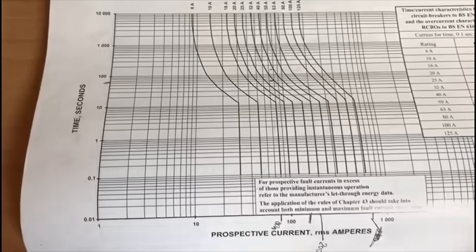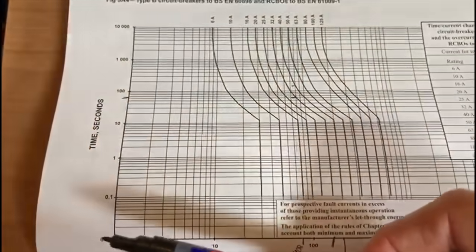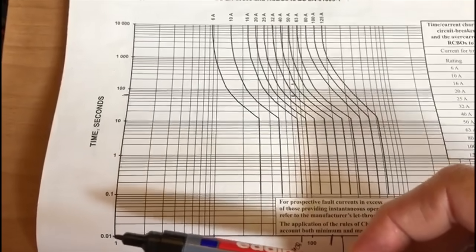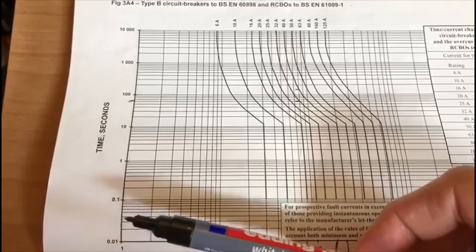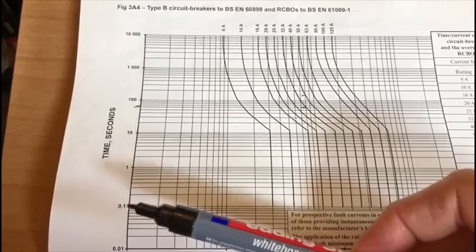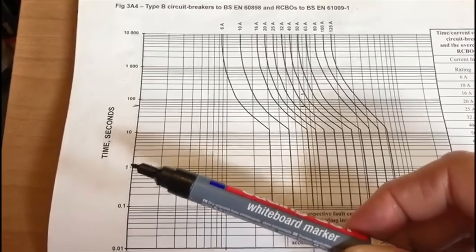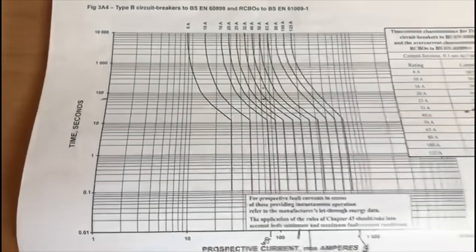So that's along the x-axis, and then along the vertical on the y-axis, it's measuring time, and it goes from 0.01, 0.02, 0.03, and so on to 0.1, 0.2, 0.3, 0.4, 0.5, and so on, 1, 2, 3, 4, all the way up to 10,000 seconds.